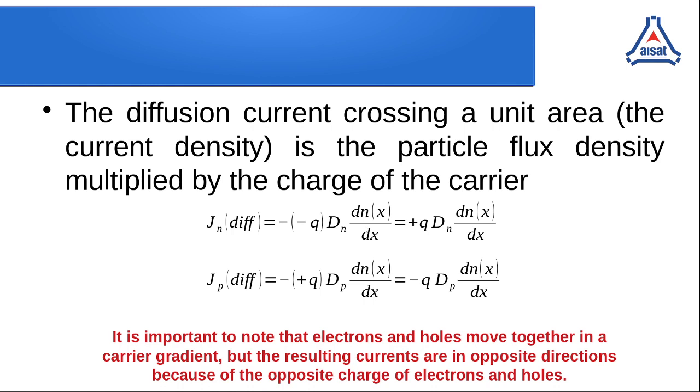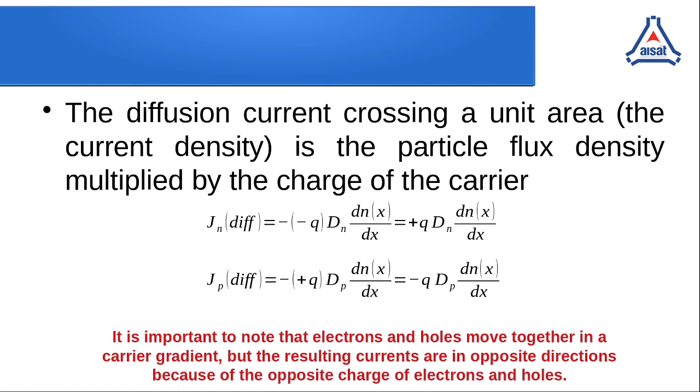Similarly, for holes, the diffusion current Jp, in bracket we write diff because we want to say that this is the diffusion current, is equal to minus, in bracket plus q, because that plus q is the charge of the hole, Dp dp(x) by dx, which is equal to minus q Dp dp(x) by dx.